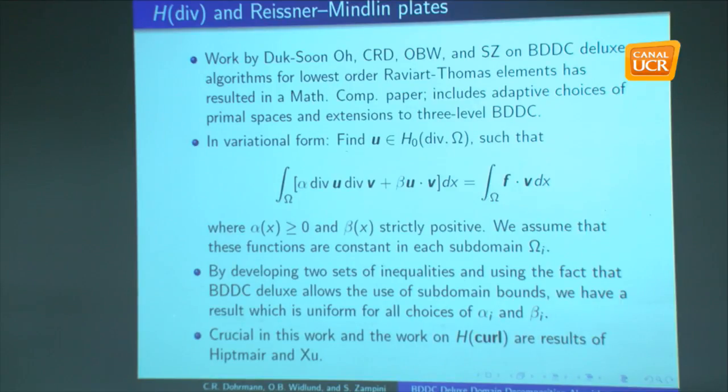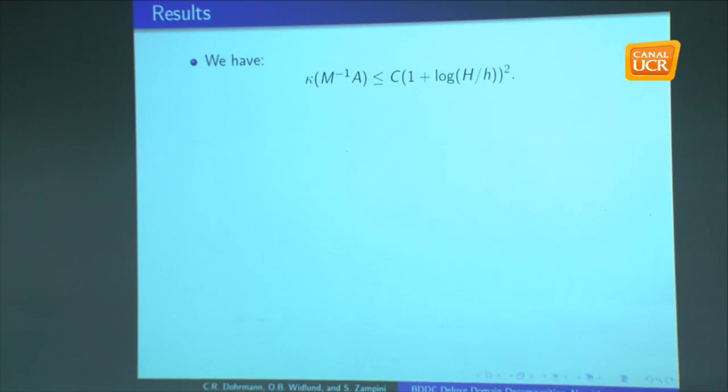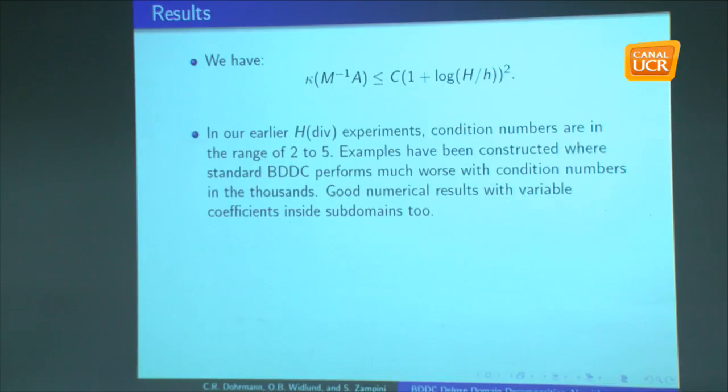And crucial to this work and the H-curl work are results by Hiptmair and Xu, which have also been very important in the development of multigrid methods for this type of families. And the bounds we have in HDiv are very clean cut. It looks like this. And they're often very small.